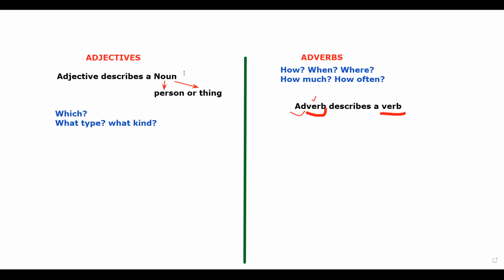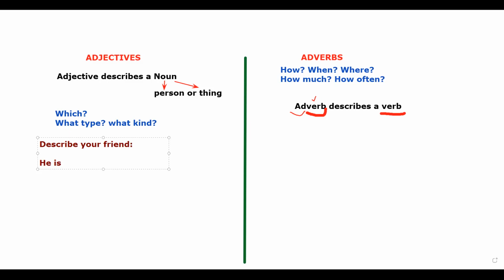Now let's look at the example. If an adjective describes a person or a thing, let's try to describe your friend. So your task now: describe your friend. What can you say about your friend? Let's do he. He is.